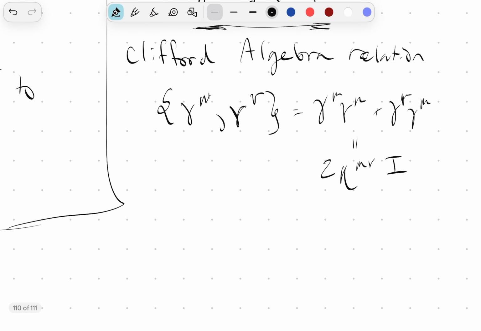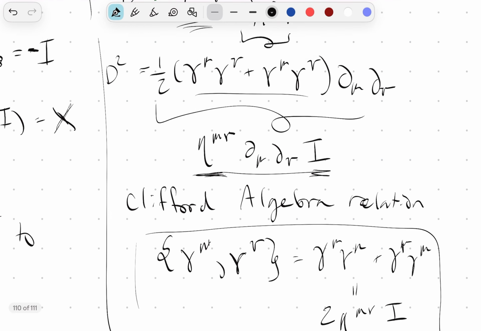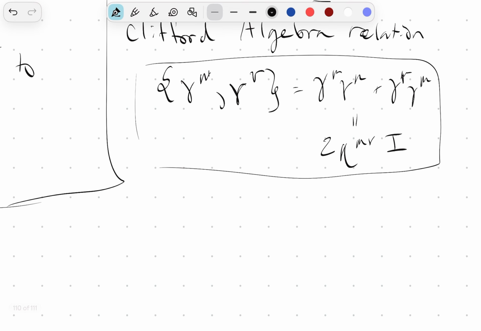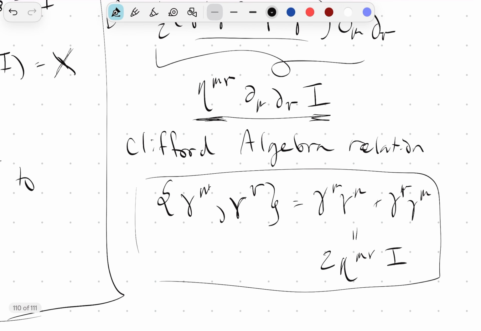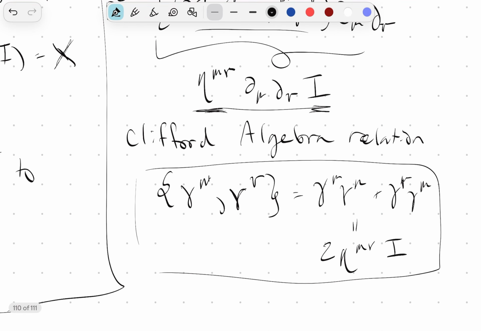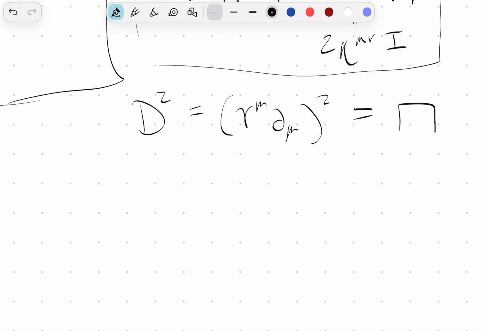And that condition, the Clifford algebra relation, encodes the Minkowski metric into algebraic multiplication rules for the gamma matrices, right? So this is the smallest faithful representation of the algebra for 4 space-time dimensions that requires these 4x4 matrices, or the Dirac matrices. So with the Clifford algebra, we'll obtain that the square root of the Dirac operator is the gamma matrices times the derivative, squared, which gives us the D'Alembertian.